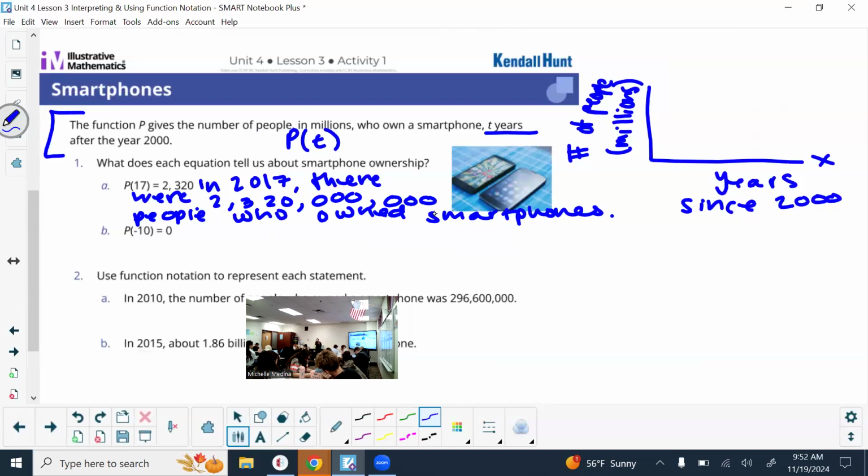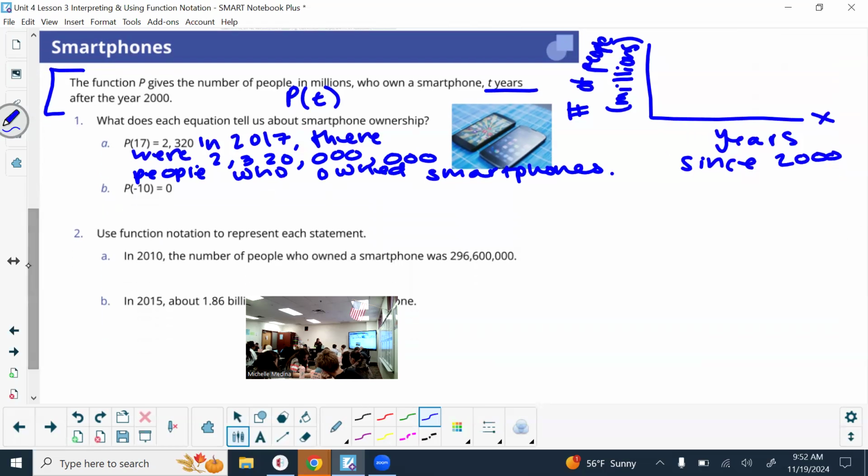All right, let's pick up the pace on the next ones. So table 5, what about P of -10 equaling 0? What does that mean in this situation? 10 years before the year 2000, which you could say just like that, or what year would that be? 1990. So you could say in 1990, what happened?